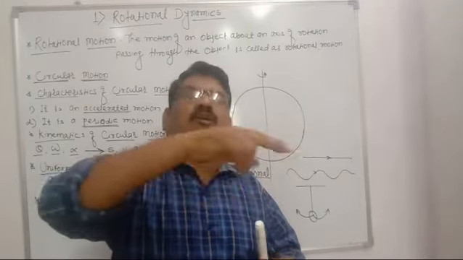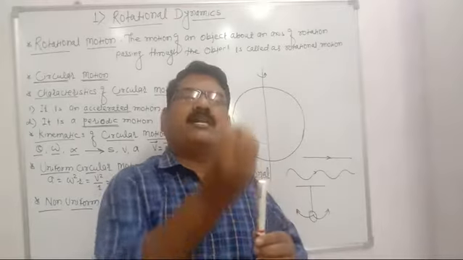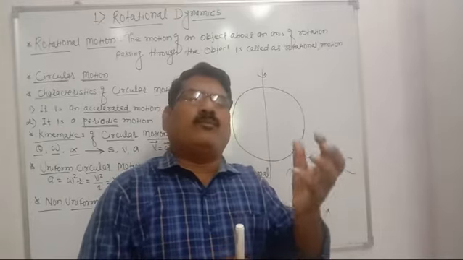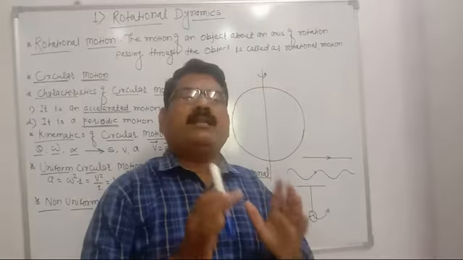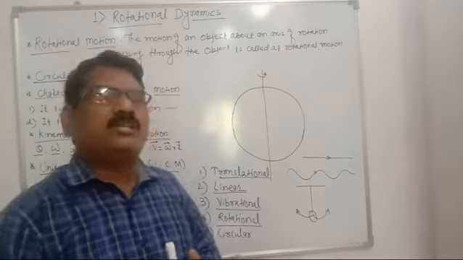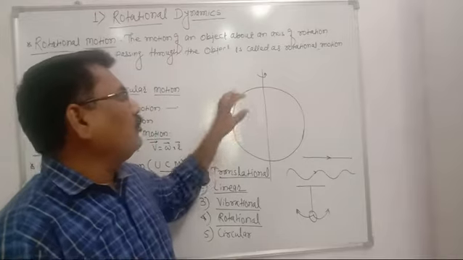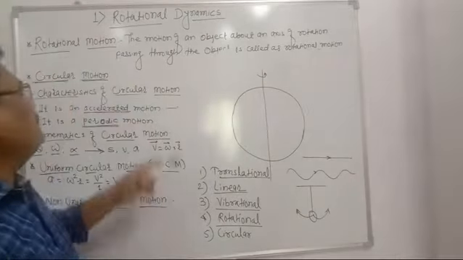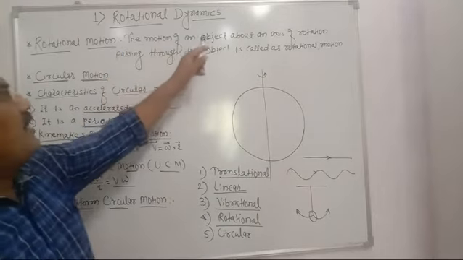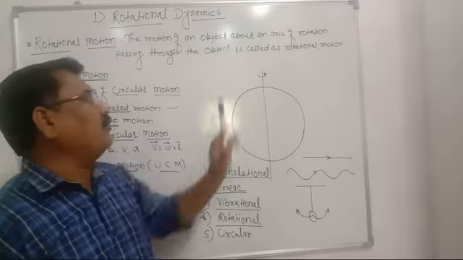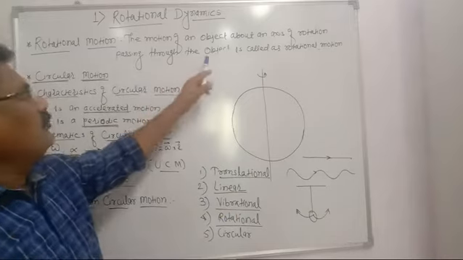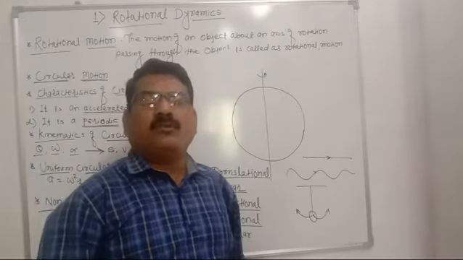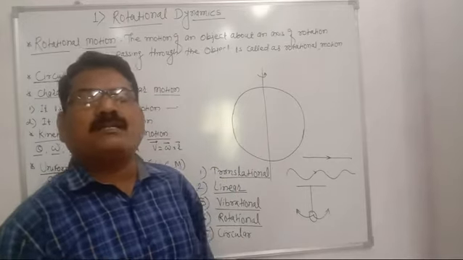Passing through that object means passing through the center of the object or any one particle or any one point of the object. Hence it is defined as the motion of an object about an axis of rotation passing through the object is called rotational motion.